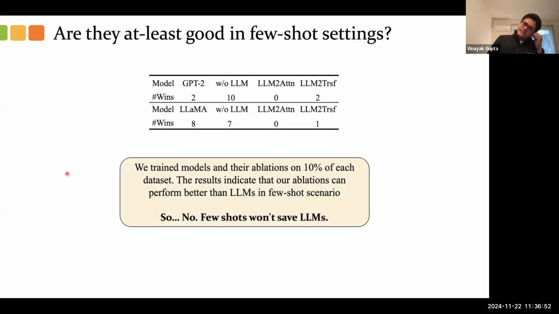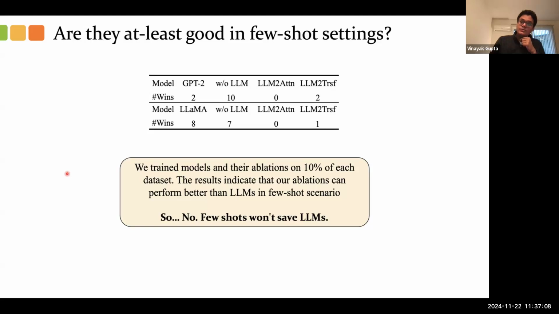So at least, finally, we have large language models and we have time series. At least LLMs should be good in few-shot settings, right? If I give an LLM some samples and examples of the forecasting, it should work.